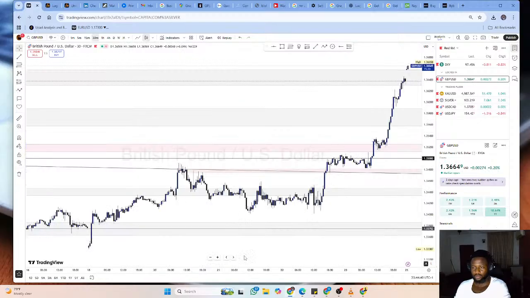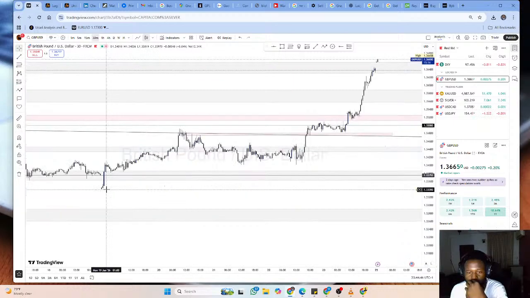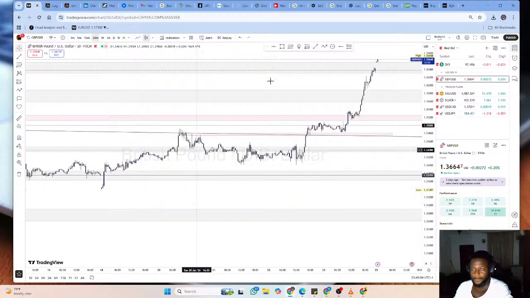And since then, the whole of last week, market moved from 1.33392 and all the way to say 1.36357.